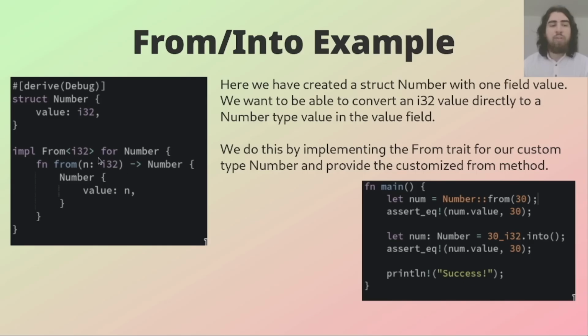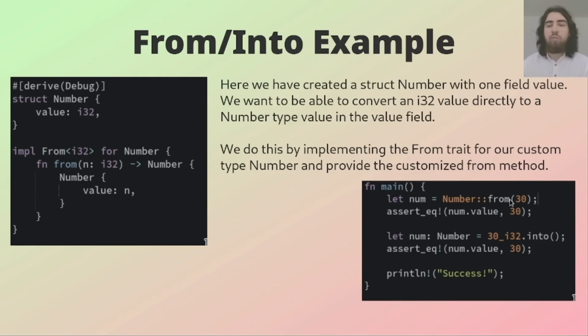So we take here as an argument an i32, and we will then create a new instance of the Number type with the provided value and then return it. And that means when we use here the from associated function on our custom type Number and provide it an i32, then this can directly be converted to our custom type, right?